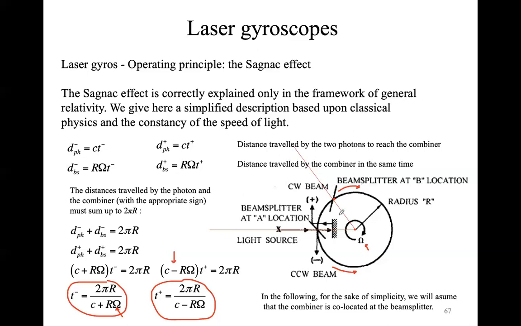So we have two counterpart beams that are moving in the opposite directions.